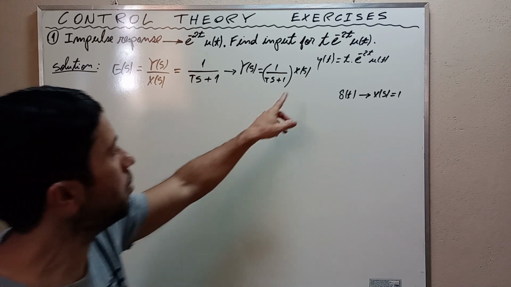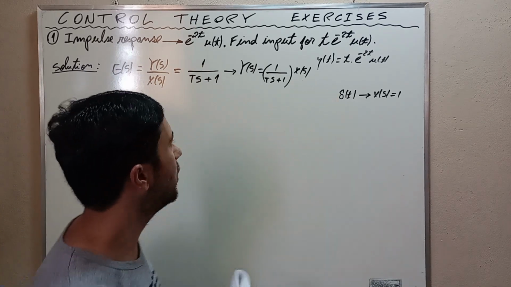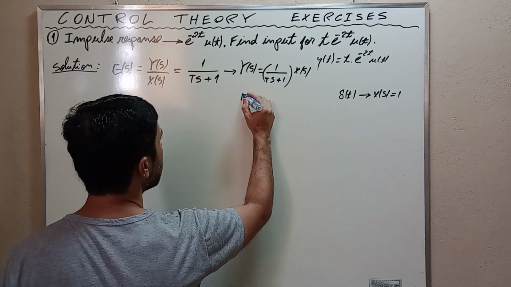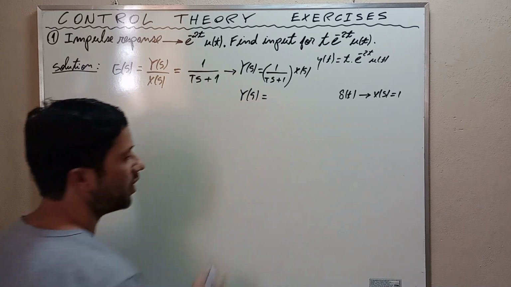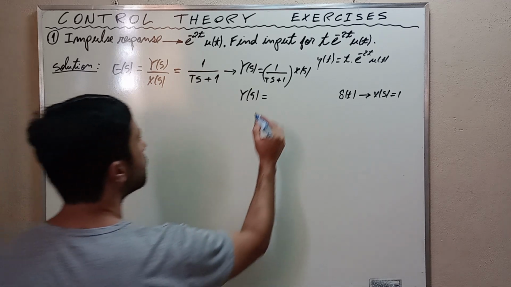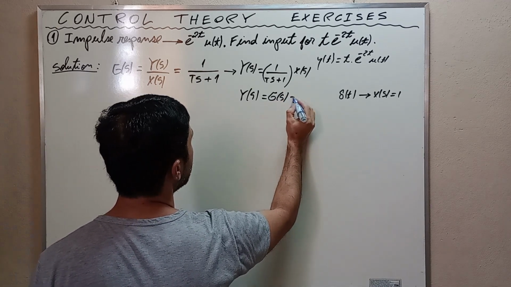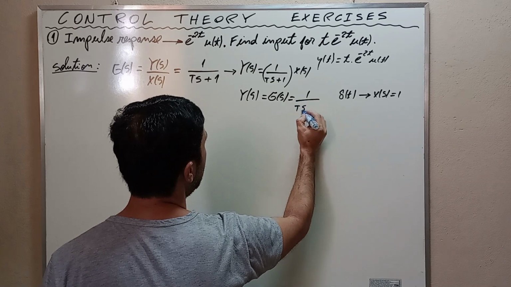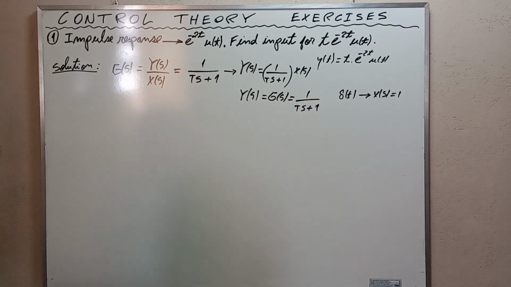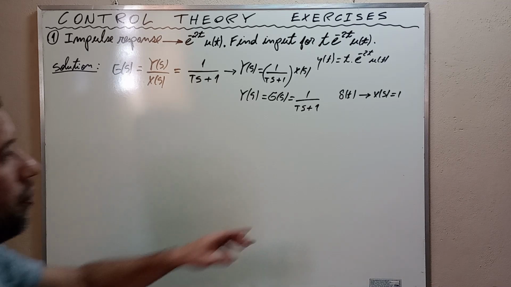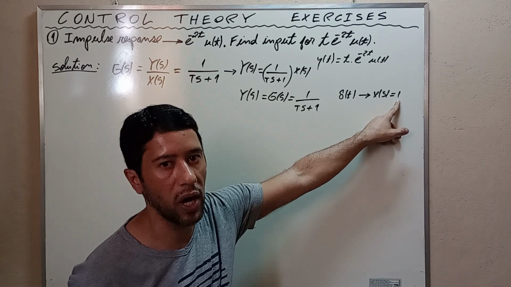Then, if our input is the impulse, then the output is equal to the transfer function. Alright, this is the first conclusion that's going to enable us to calculate everything. When the input is the impulse, the output is equal to the transfer function because the Laplace transform of the impulse is equal to 1.